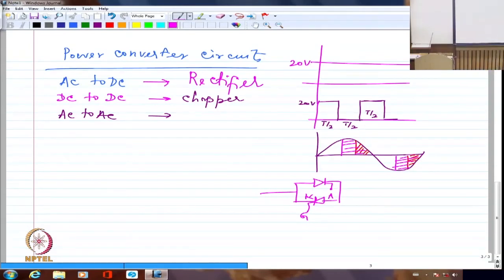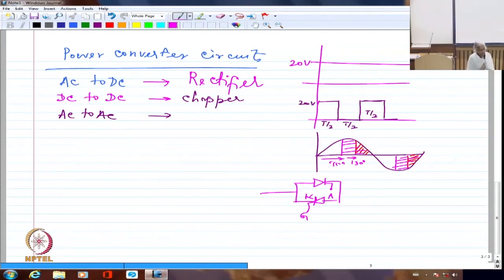So the gate will allow a device to be turned on or turned off. So I will be able to delay the conduction. It can start at 0 or it can start at 90 degrees or it can start at 130 degrees, depending upon when I give the gate signal. So the RMS value can definitely be adjusted. So this is a typical AC to AC converter circuit.